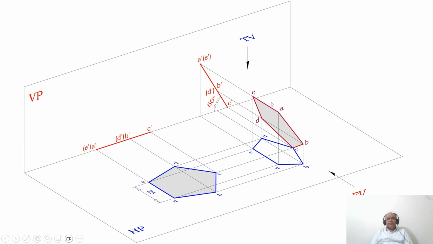So when you look from the top view, A and E, which was above HP, is being projected onto the horizontal plane. Similarly, B and D is also projected on the horizontal plane. So you mark these A, B, C, D, E and A. You join all these things. So now this is how you will be able to get the image when you look from the top view, and this is how you are going to get the image when you look from the front view.